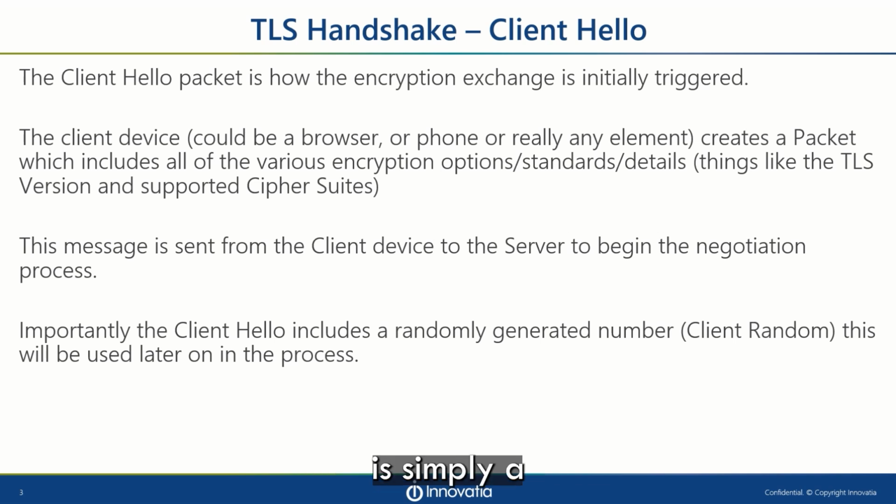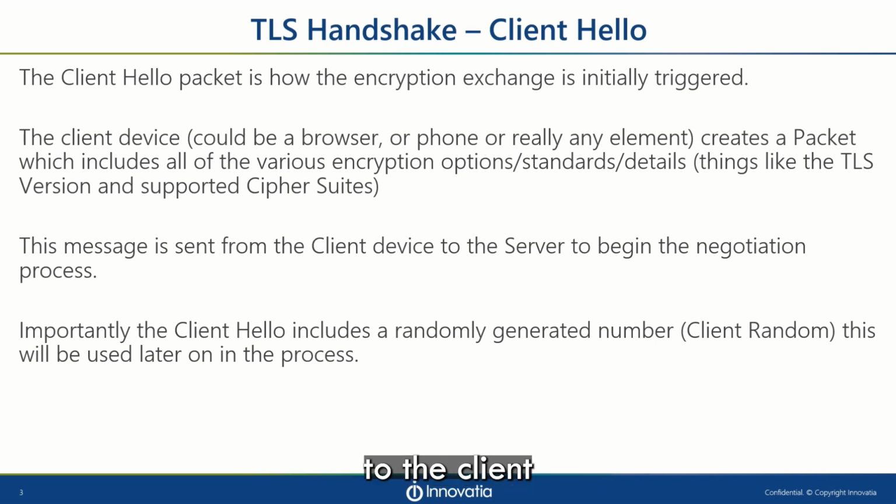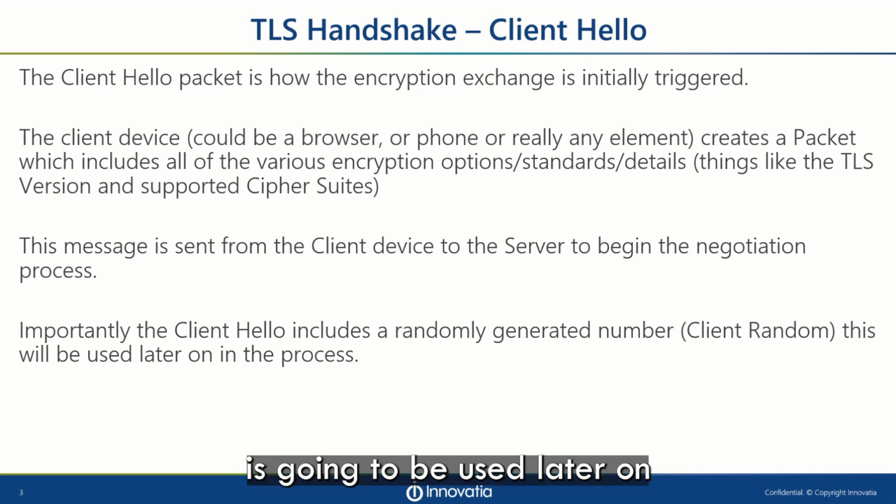The client random is simply a randomly generated number. Usually it's quite large. The bytes dedicated to the client random are 46 bytes within this hello packet. And this client random is going to be used later on in the negotiation process to actually secure the connection.